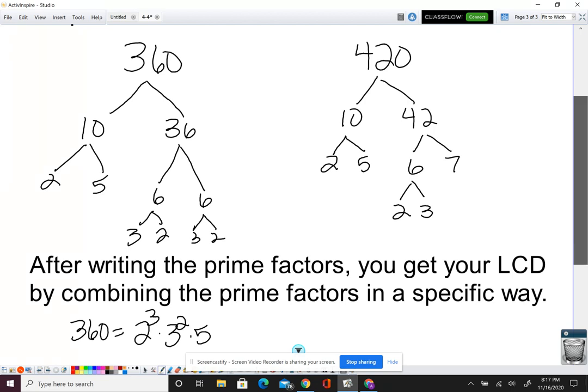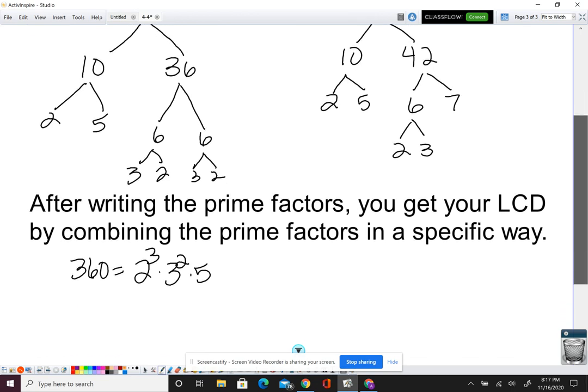So that's the prime factorization of 360. The prime factorization of 420: we have two 2s, we have one 3, we have a 5, and we have a 7.